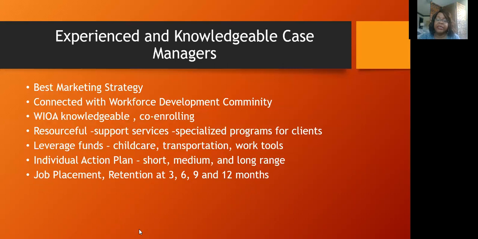The end result of what case managers do is this: aside from the enrollment, aside from the assessment, aside from the ongoing communication, the end result is job placement, job retention at 3, 6, 9, and 12 months.